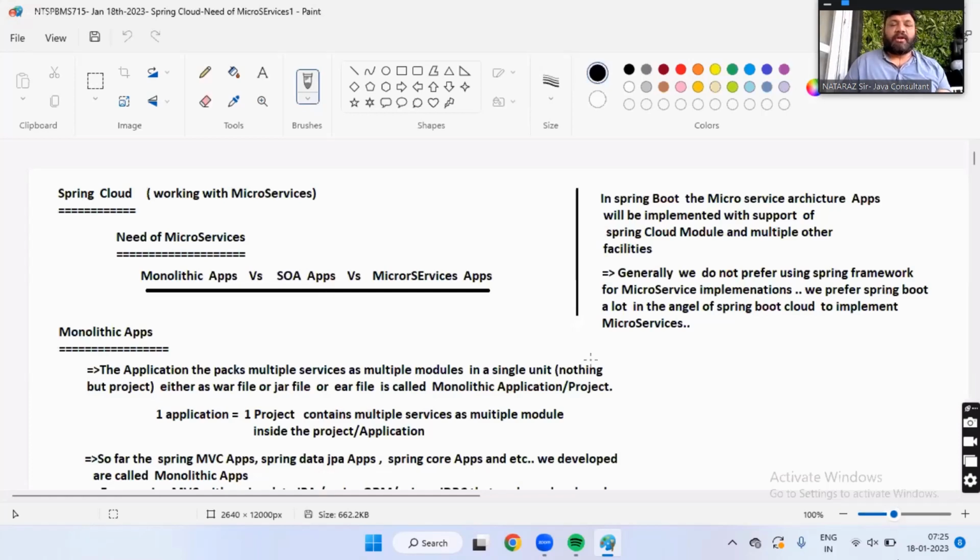Yes, boss. The other day I was talking about monolithic applications. Everyone remembered?